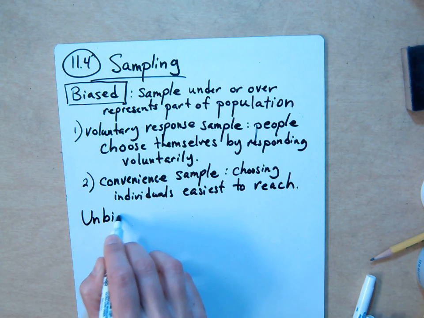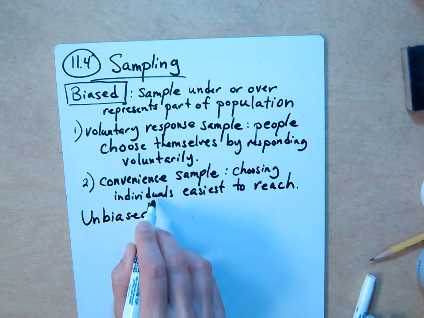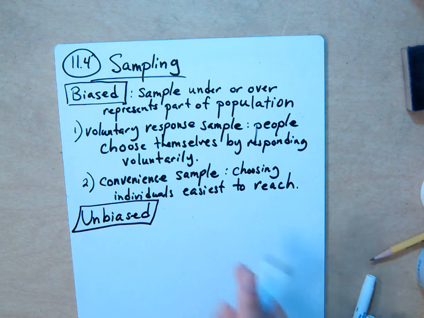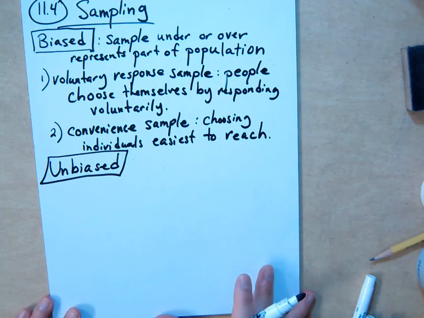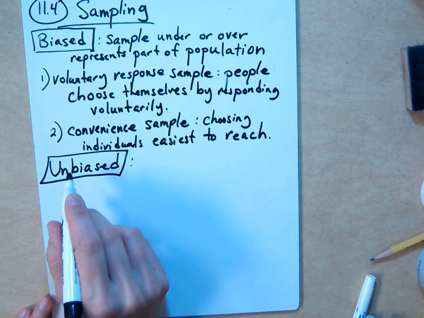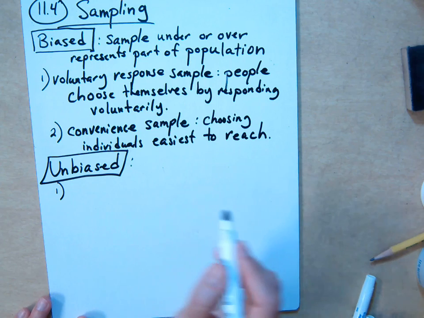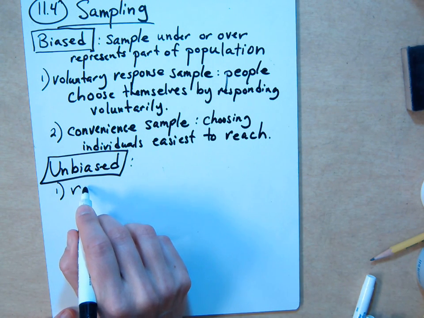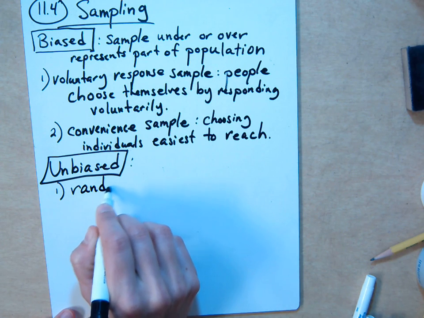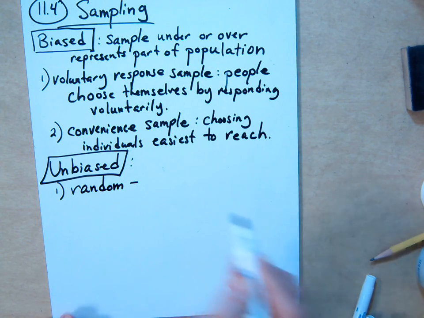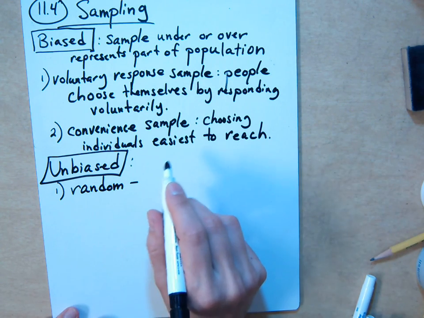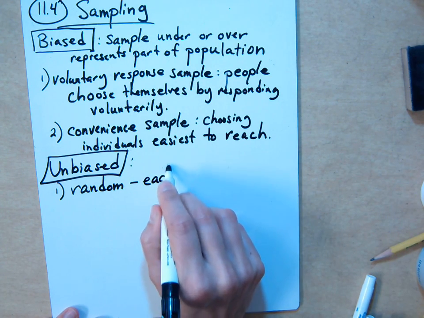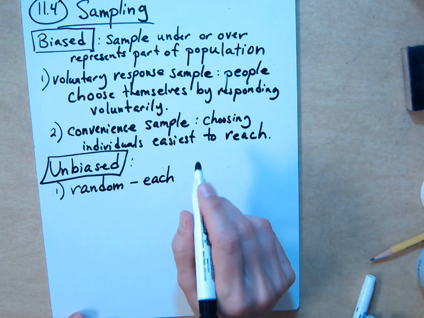We want unbiased. And there are more ways to do this than we'll even get into for now, but a couple of them, unbiased in general. We want, and this is kind of what the lesson today is about, we want to take our sample in a random way. Random. And that way, each member of the population has an equal chance of being selected. That's what random means. A really important concept when you're collecting your data.